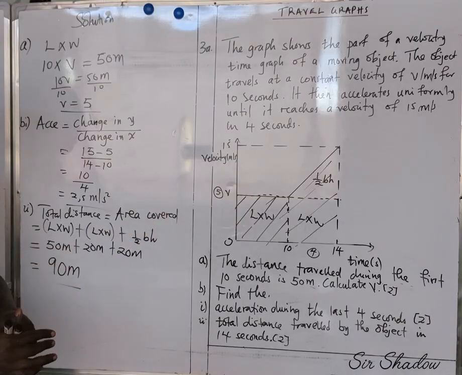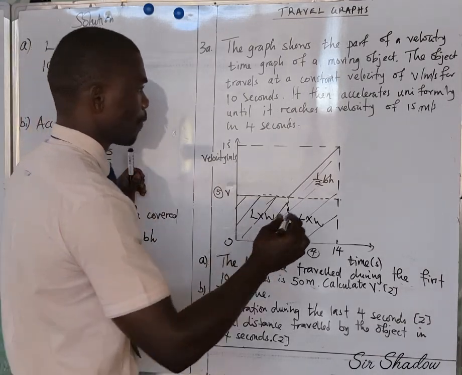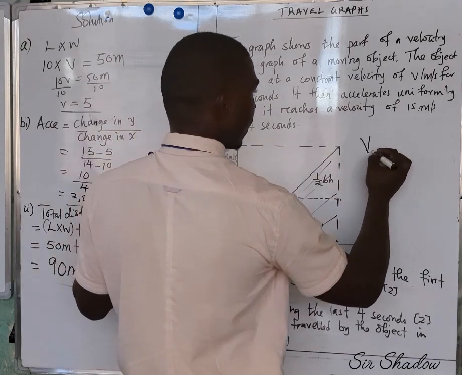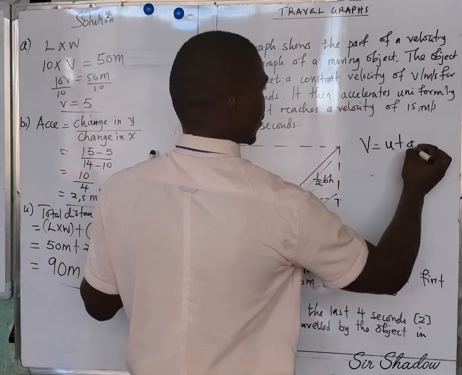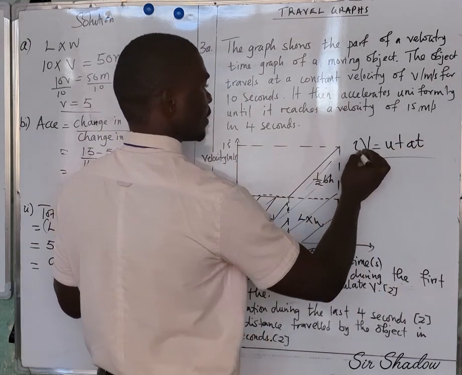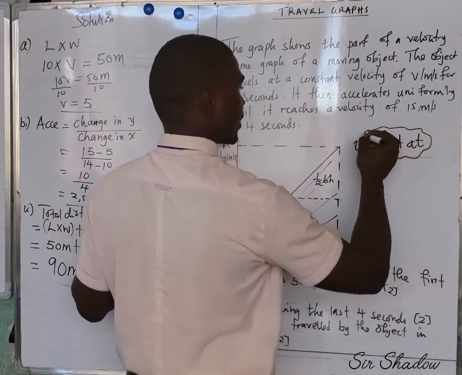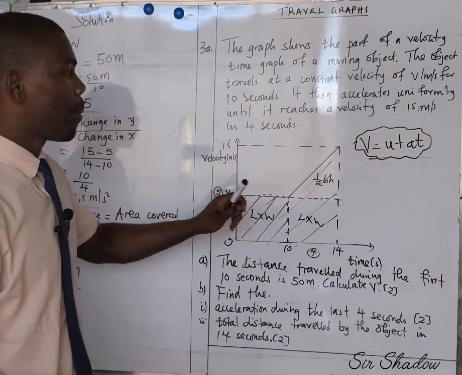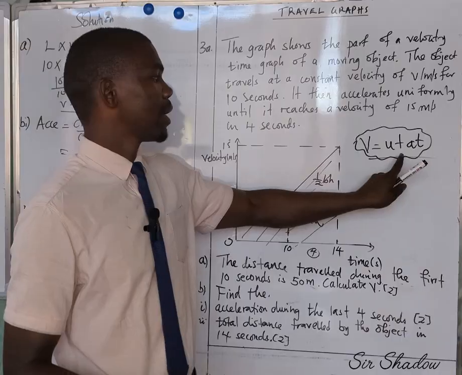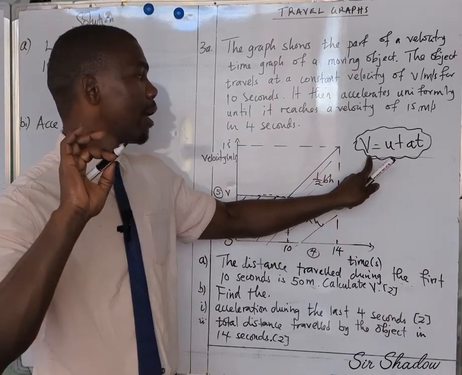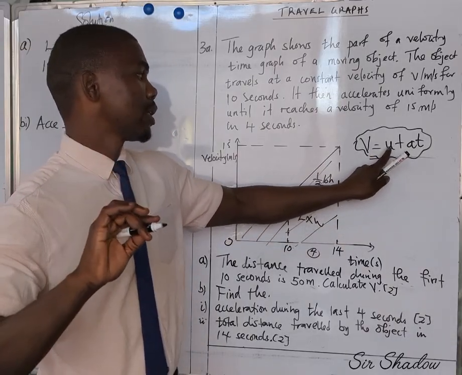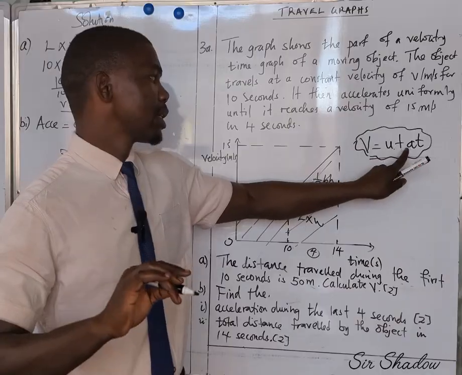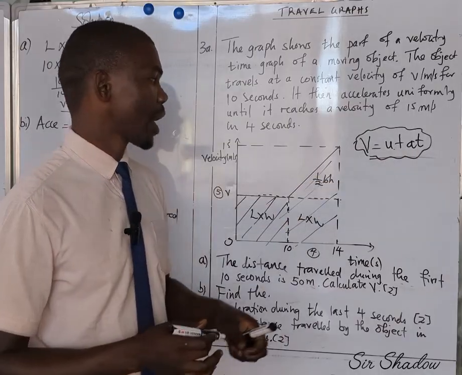Before I end this video, I think it's time for you to think about this formula: V equals U plus AT. There is a question based on this. Where do I apply V equals U plus AT? Where V is the final velocity, U is the initial velocity, A the acceleration, T is for time.